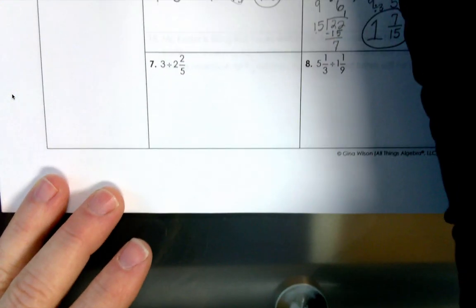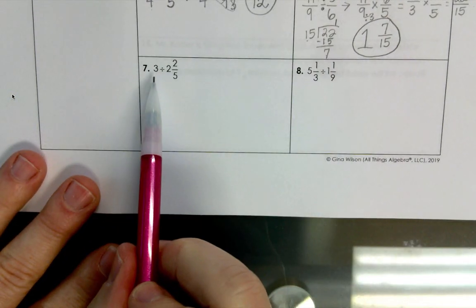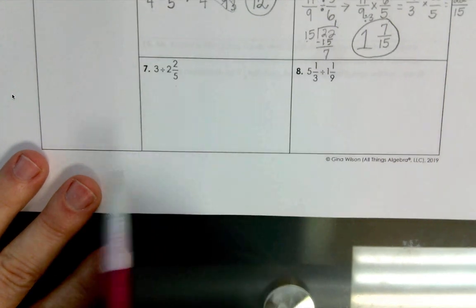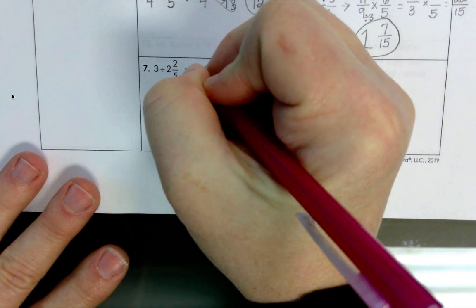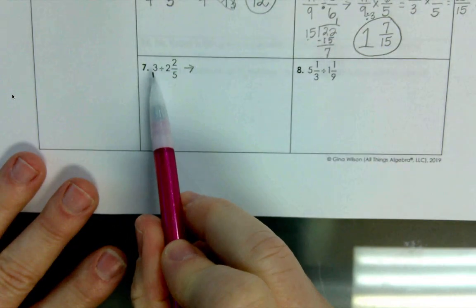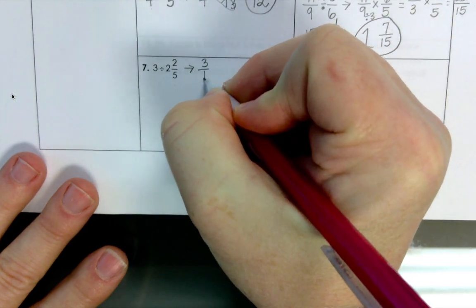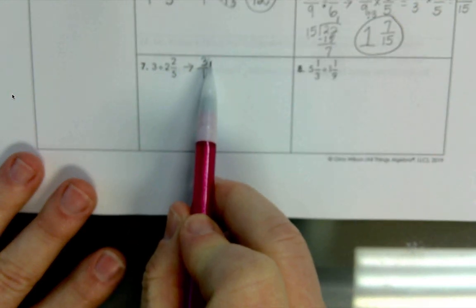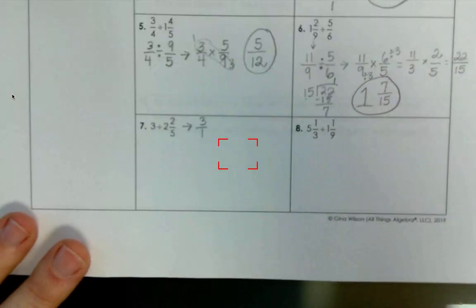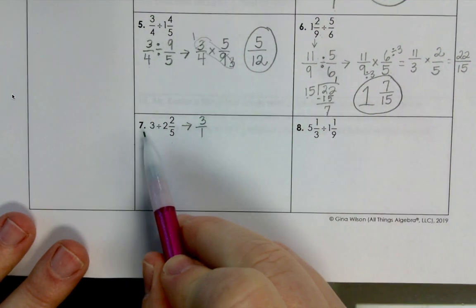Number 7, I have 3 divided by 2 and 2/5. So I have a whole number right here, and I have a mixed number. Now we need to convert both of these to a fraction. So I'm going to draw my arrow. So remember, a whole number as a fraction is 3 over 1, because 3 divided by 1 is 3, okay?